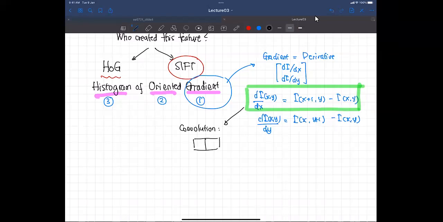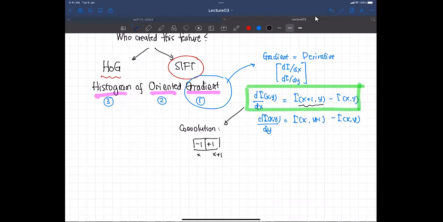And what are the values then? This one, x plus 1, comma y, has to be positive, because that one is x and this one is x plus 1, right? And the other one is x, y, and in this case it's negative. So this one is negative 1.